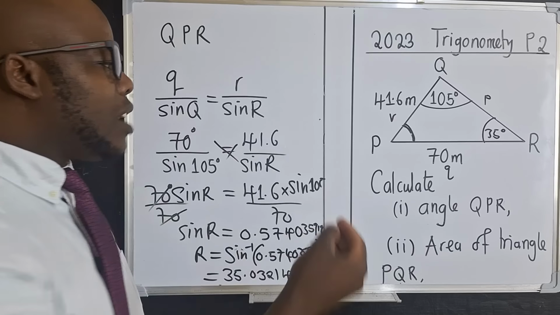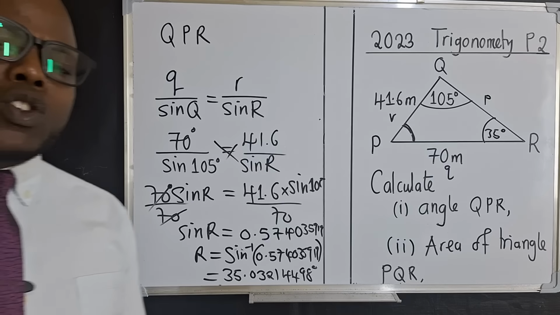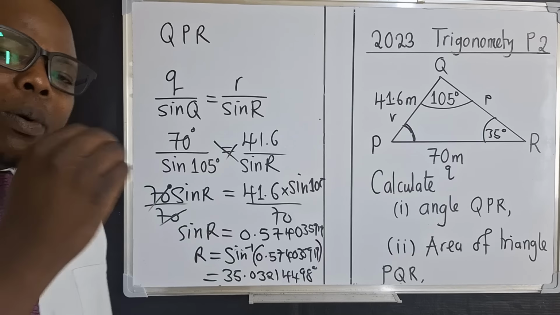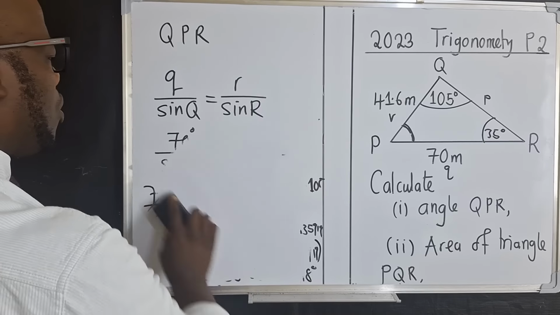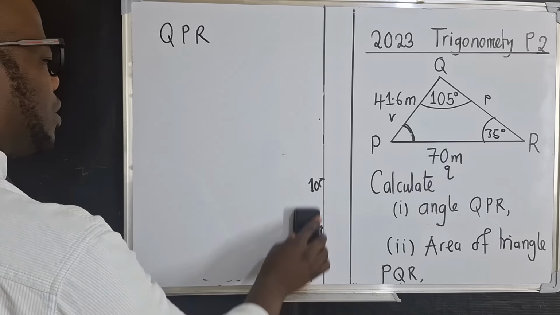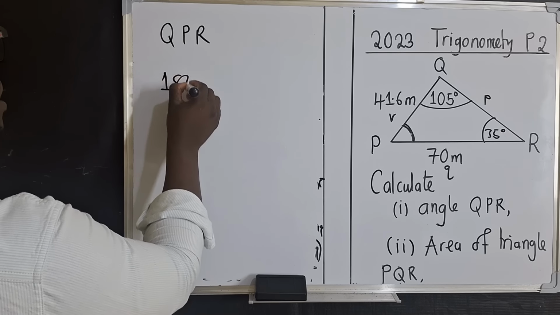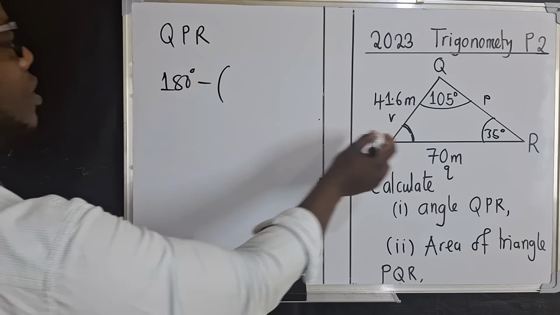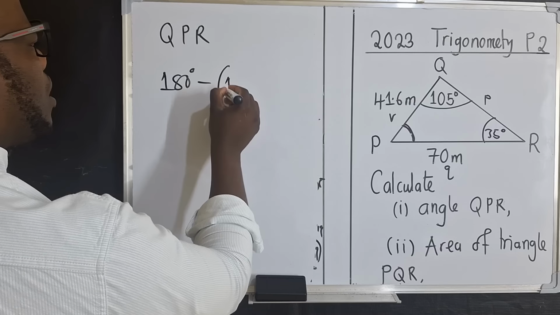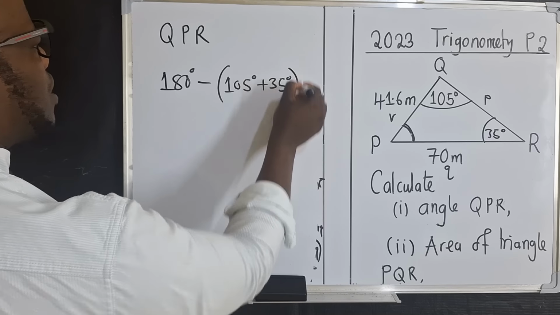But the question is asking us to find the angle which is right over here. So what are we going to do? We're going to use the property of a triangle where we shall say 180 degrees minus the sum of these two. So 105 degrees plus 35 degrees.